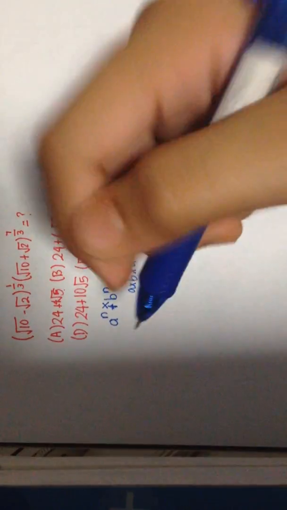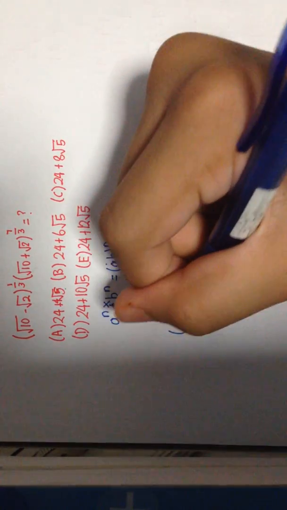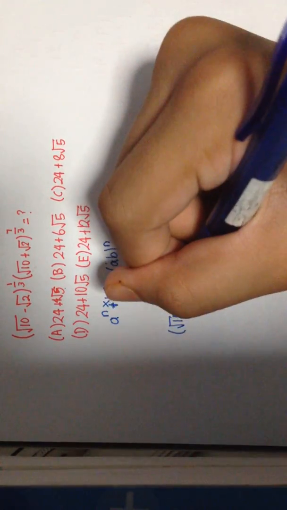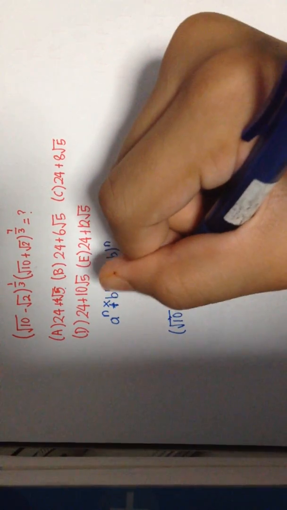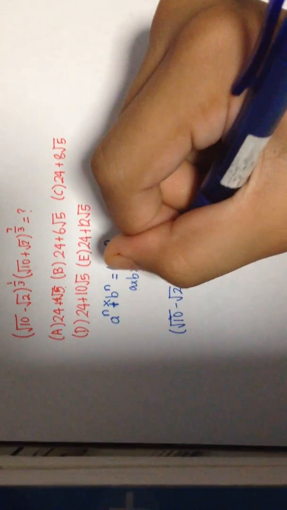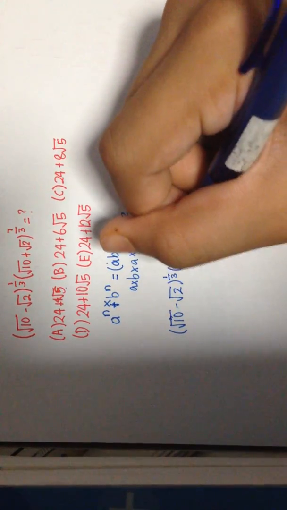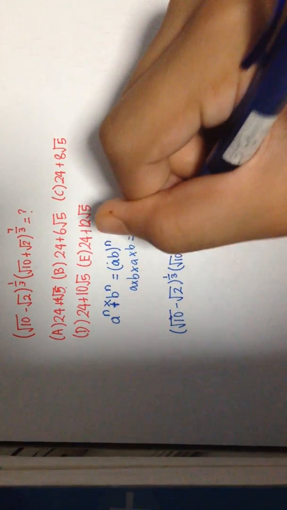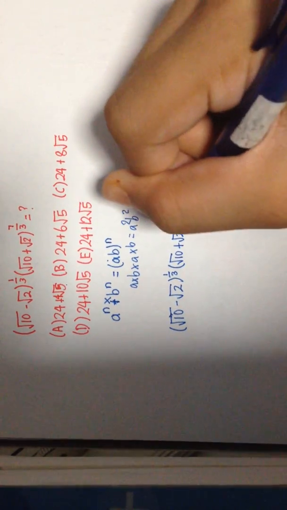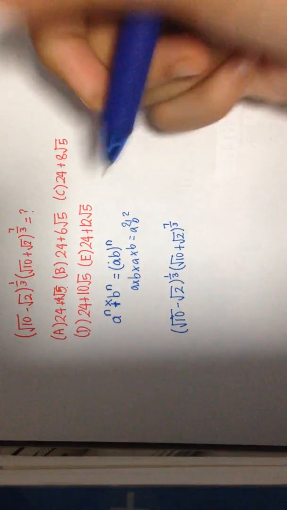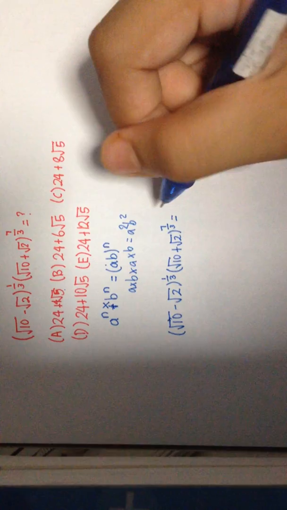So how do we do this question? Now I'm going to slightly break down this expression. Root 10 minus root 2 to the power of 1/3 times root 10 plus root 2 to the power of 7/3 is equal.